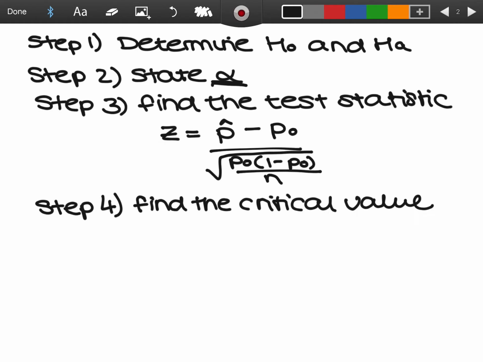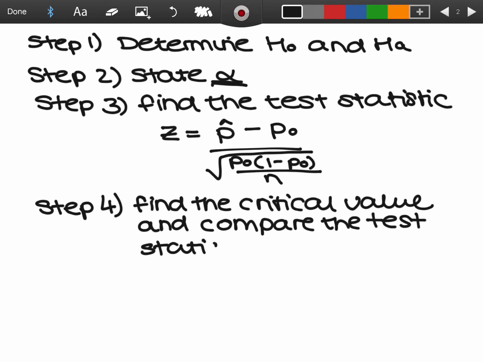And then you're going to compare your test statistic to that critical value. If that test statistic falls in that danger zone, exactly the same as last time, then you know that you're going to reject the null hypothesis. But if that test statistic instead falls in the region where we're okay with it, that means that we're going to fail to reject. So find the critical value and compare the test statistic to the critical value.